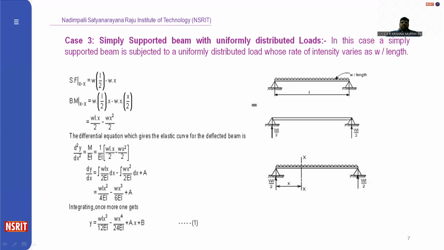The governing equation is d square y by dx square is equal to M by EI. Substituting M is equal to wLx by 2 minus wx square by 2. On first integrating, I will get the slope.